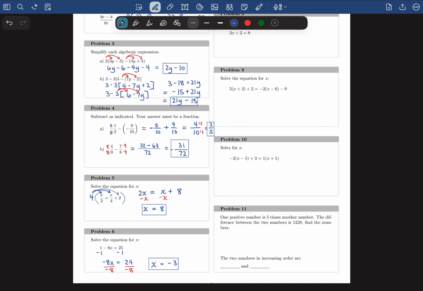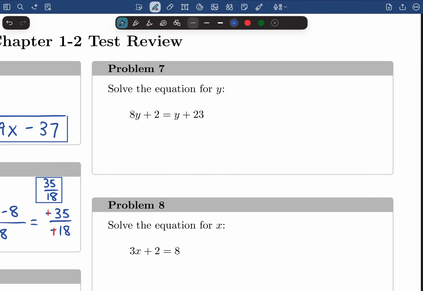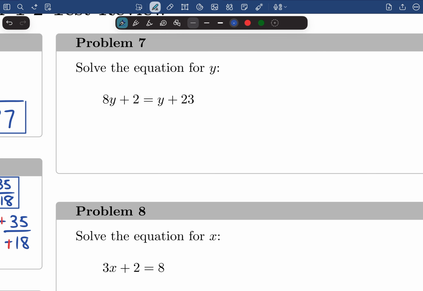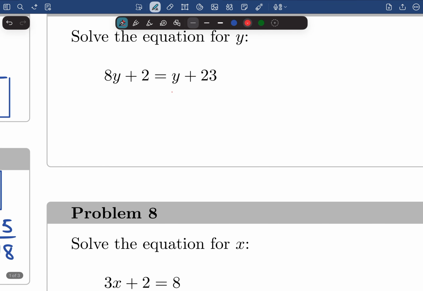Great. Let's move forward to question number 7. Problem 7 says solve the equation for y. What you'll notice is that we have terms with y on both sides of the equal sign, and we also have constant terms on both sides of the equal sign. So choose which side you want to move things to. For example, I'm going to subtract y from the right side to the left side, and then I'm going to subtract the constant 2 from the left side to the right side.